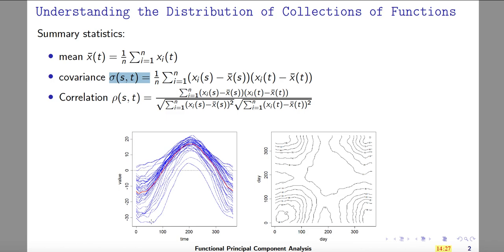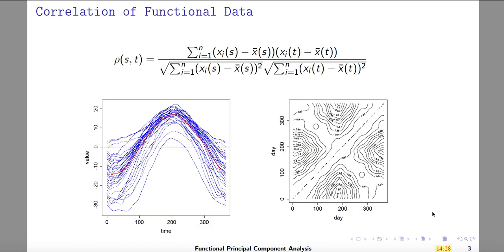The red one here is the mean curve of these temperature curves. The right panel shows the covariance function of this functional data, and we cannot see much here. I find that when we look at the correlation of functional data, the correlation is more helpful.